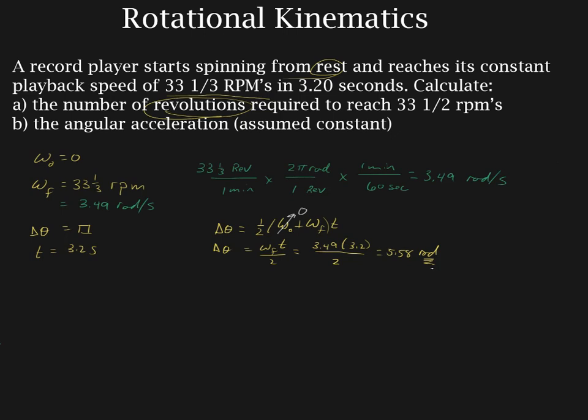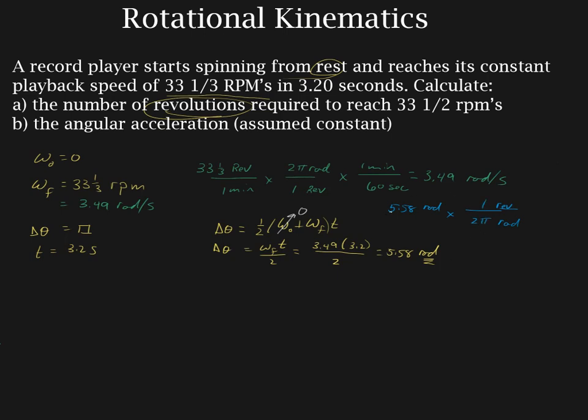And what's the conversion? Well, we have 5.58 radians, and we need to take that to revolutions, and we need radians to cancel, so that'll go on the bottom. So there is 2 pi radians in 1 revolution.